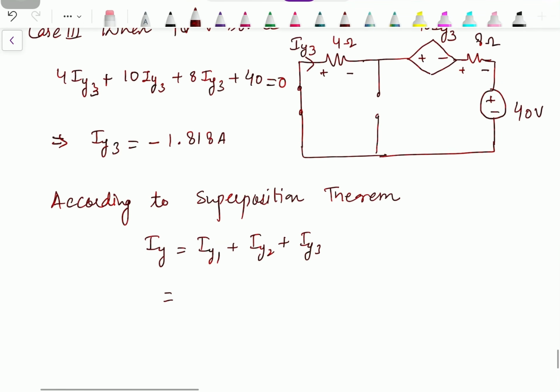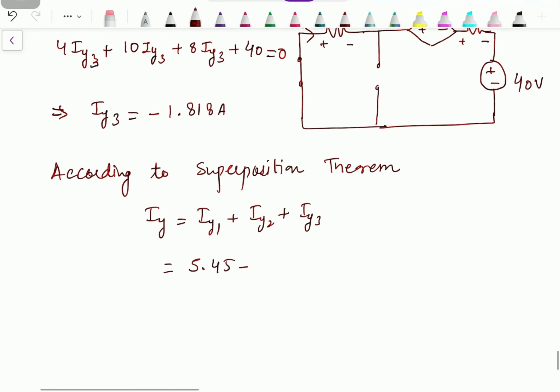First case 5.45, IY2 is minus 4.36, IY3 is minus 1.818. So the answer is minus 0.728 amperes. This is the answer for IY. So it means the current is actually flowing from B to A, not in the direction given in the problem.